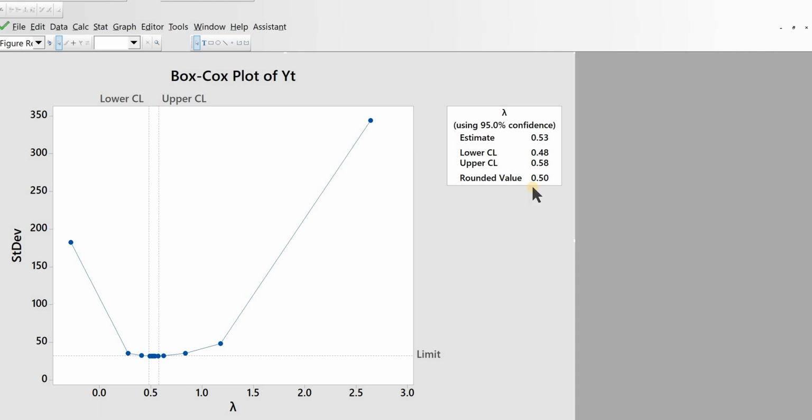So this is how we can define what kind of transformation is appropriate for this data. We take the rounded value of lambda here, it is 0.5, so we use it to transform the data by using the power transformation, means that we need to square root the data.